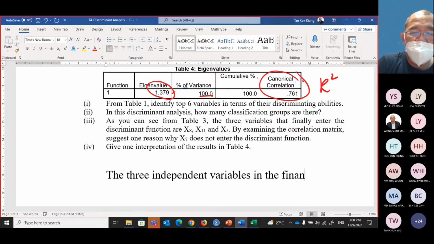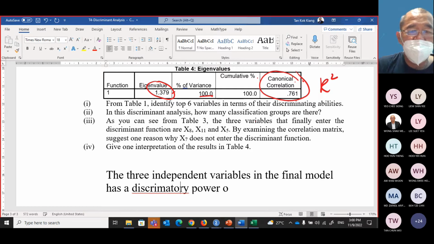in the final model has a discriminatory power of 76.1%.